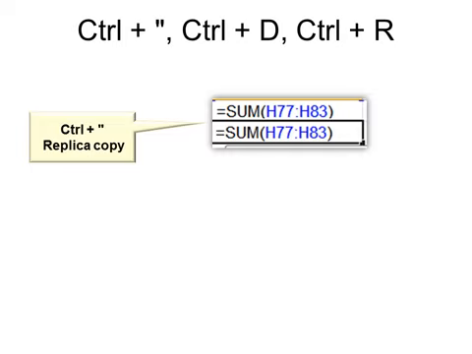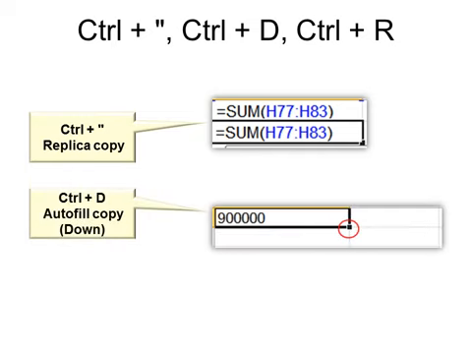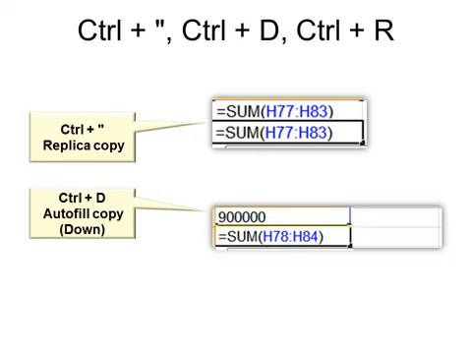So it's a replica of it. However, if I use Control D, then I put my cursor in the same second cell, and it's as if I were holding down autofill and dragging it down without having to use the mouse. So what does that mean? That means that it will change ever so slightly. This is called a relative change based on where I am. And remember, what was in that original cell was H77, but now it is H78.